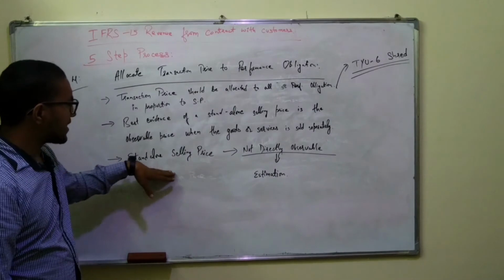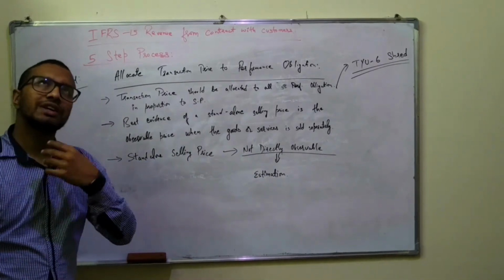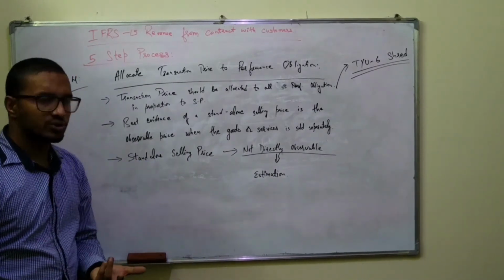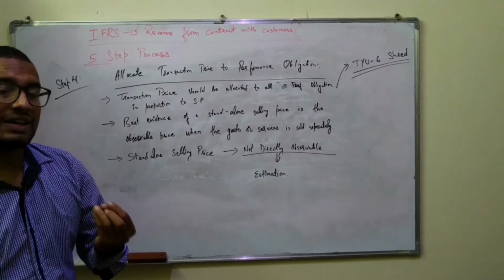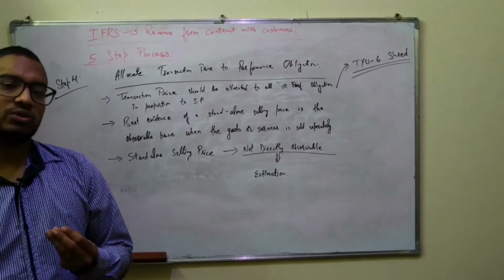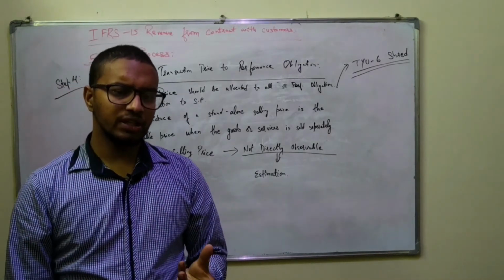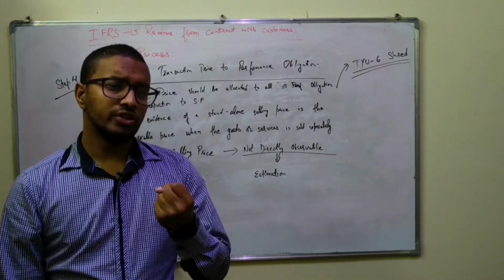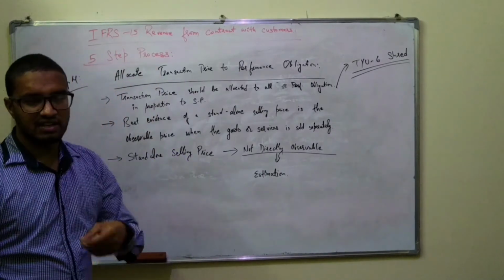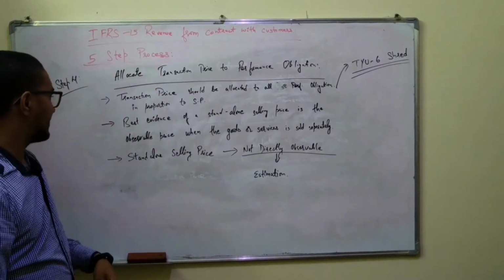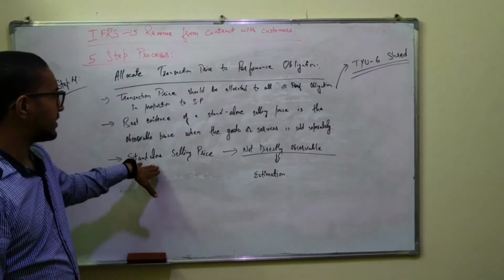And then after that, if the standalone selling price is not directly observable, you would have to estimate it. In estimation, you would have to use observable inputs, such as market interest rate or anything else. So that is very important.